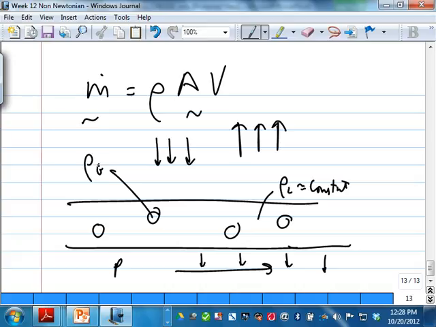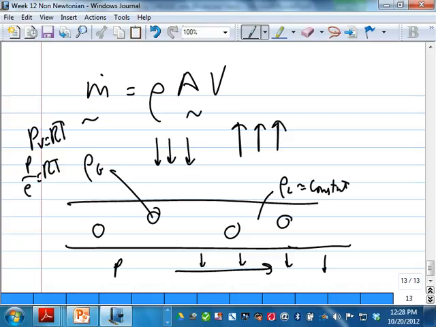what's going to happen to the density of the gas? Gas normally follows PV equals RT, or P over rho equals RT. So, assuming that the temperature stays constant, as the pressure drops, what happens to the density? Density also must drop.